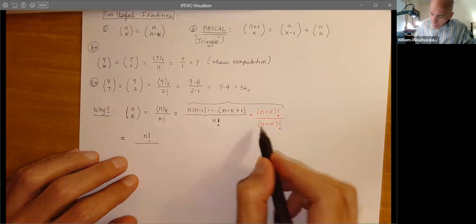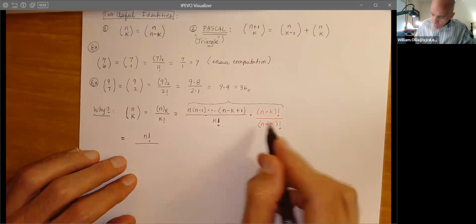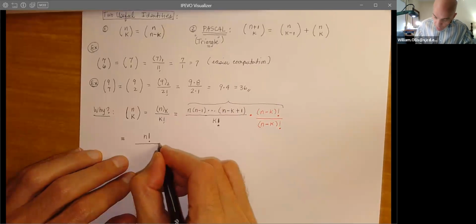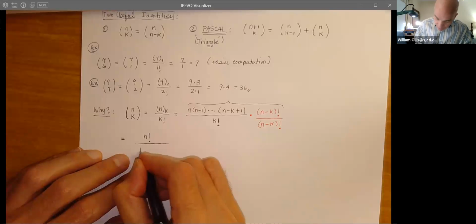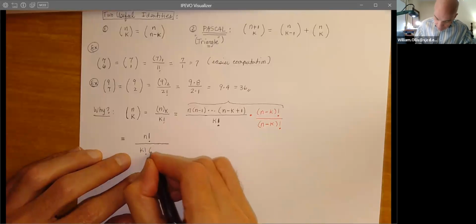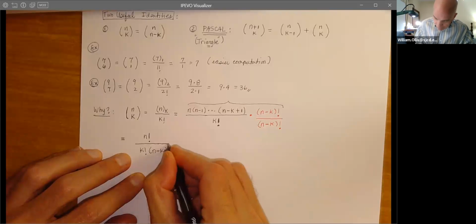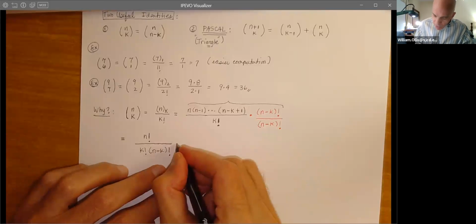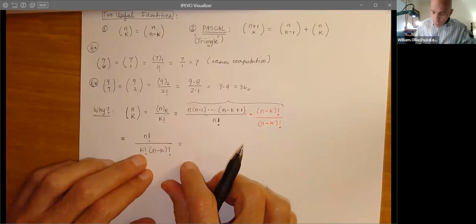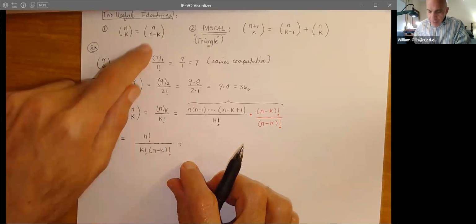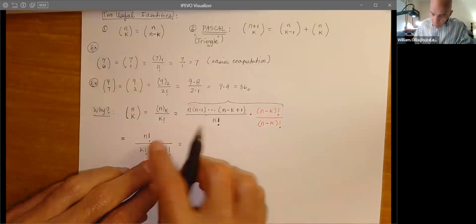And then when we look at this, we've got the k factorial and the n minus k factorial. So we'll just write that in. Now what we want to try to do is absorb the k factorial, because we know we need n minus k factorial downstairs. So let's absorb it.